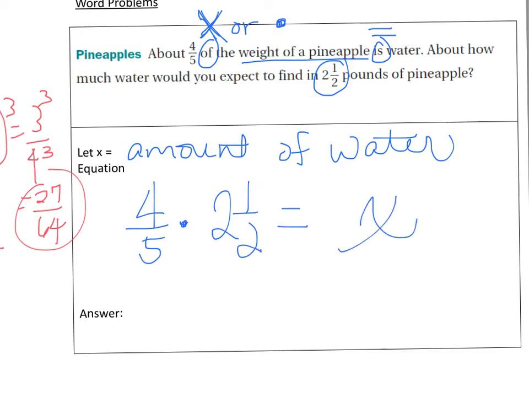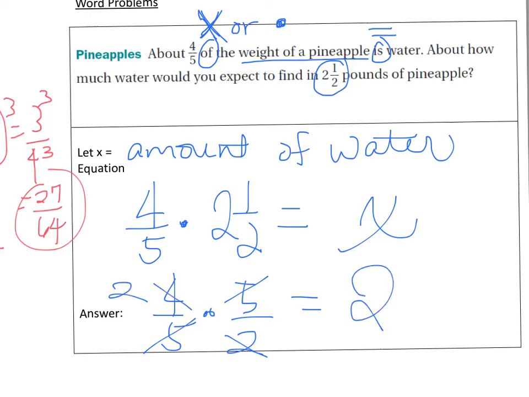That's all you do. 4/5, we write this as an improper fraction, and then we can simplify. So 2 pounds. And that's it.